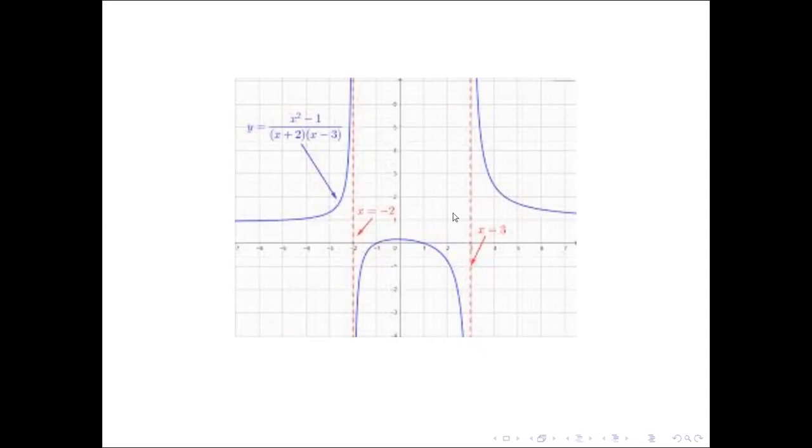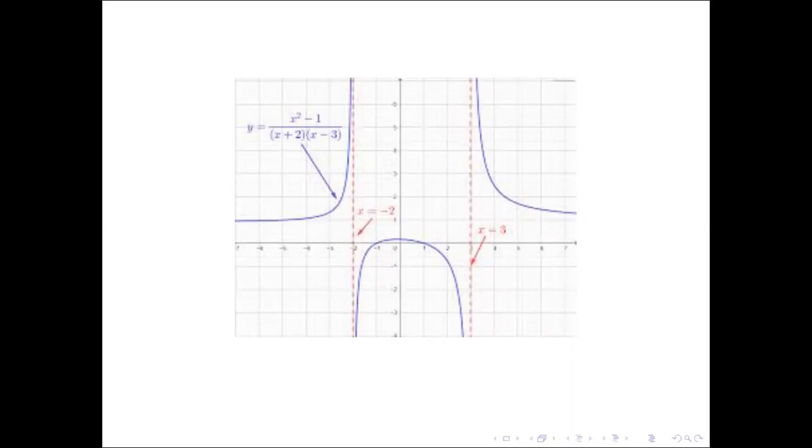And notice also that the graph is asymptotic to that asymptote towards positive infinity and towards negative infinity. And you just connect the intercepts, join the curve, and you will have the sketch of the graph.